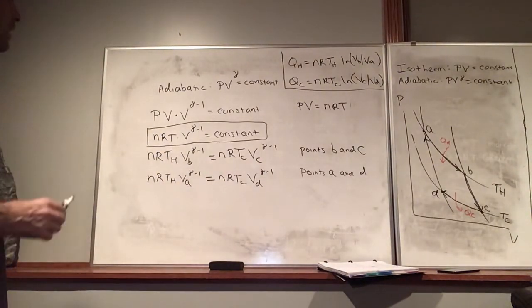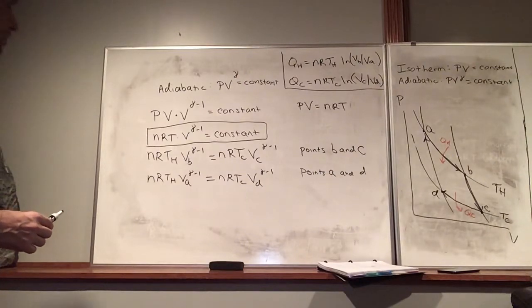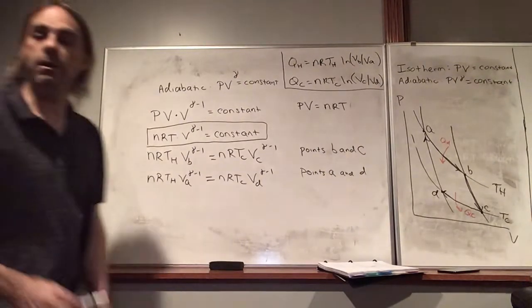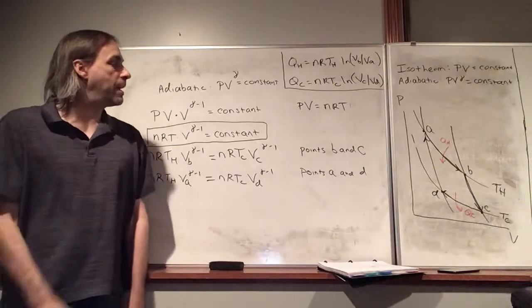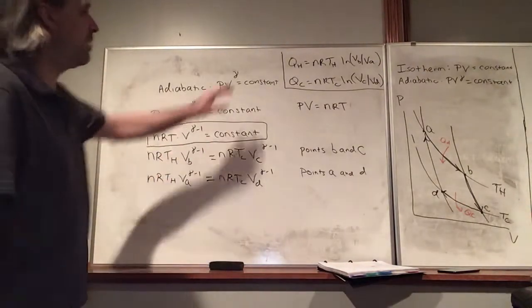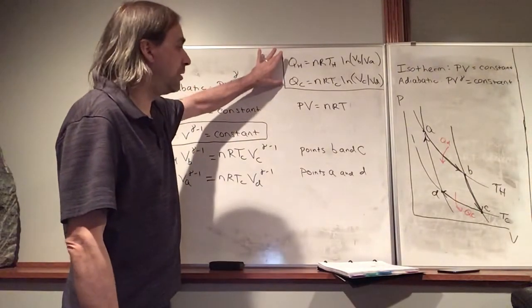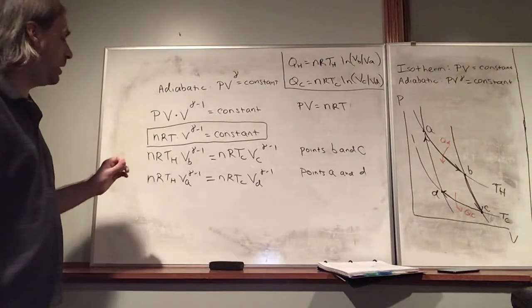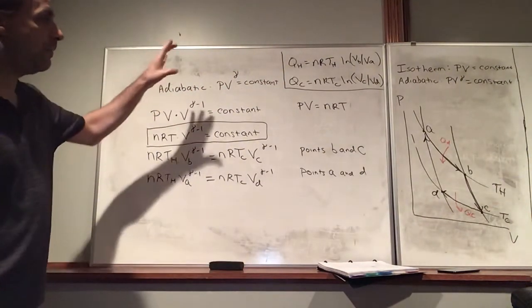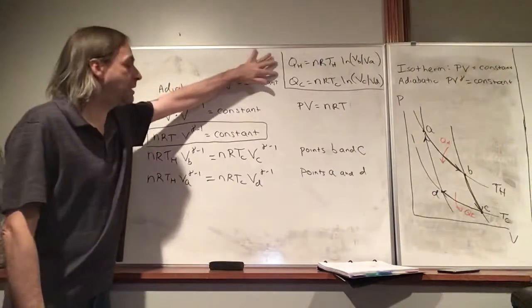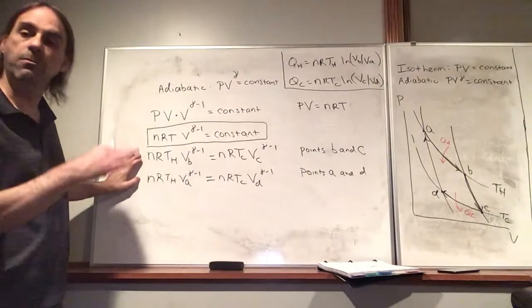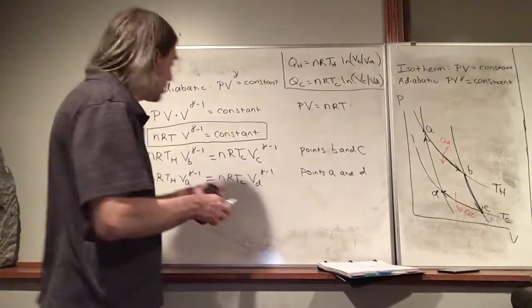Okay. So I'm going to keep these equations and get rid of everything else. So I'm going to erase the board. Basically, we're going to have 4 equations. We're going to have these two from looking at the isothermal processes, and we have these 2 equations from looking at the adiabatic processes.